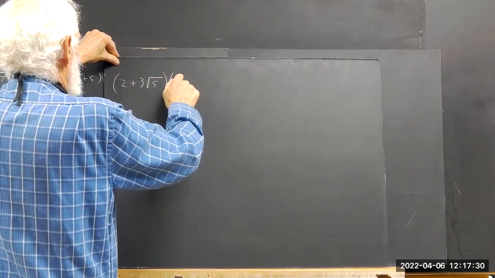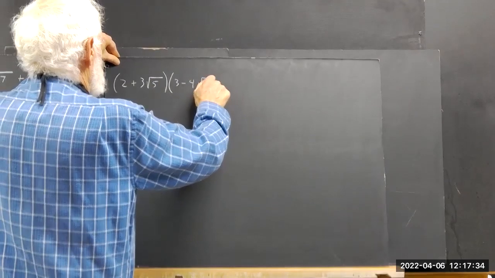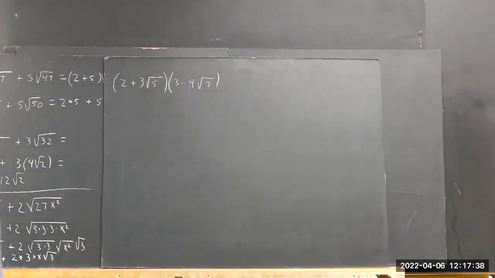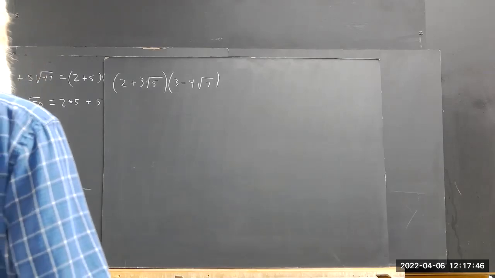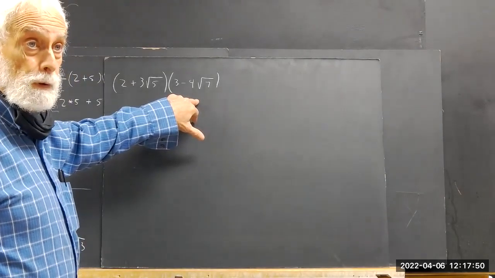We want to multiply that by 3 minus 4 times the square root of 7. How do we multiply this? Well, I don't have time to have you work it out, but you know that this is just a couple of binomials. You're going to use the distributive law.